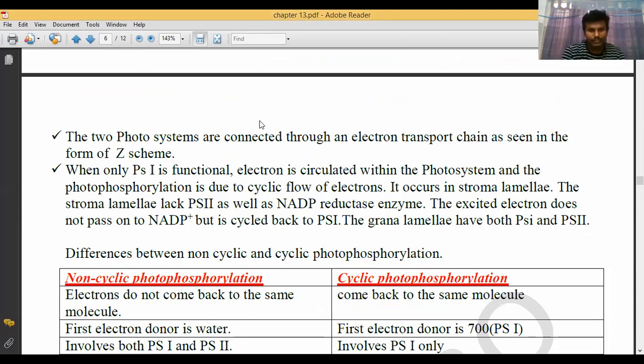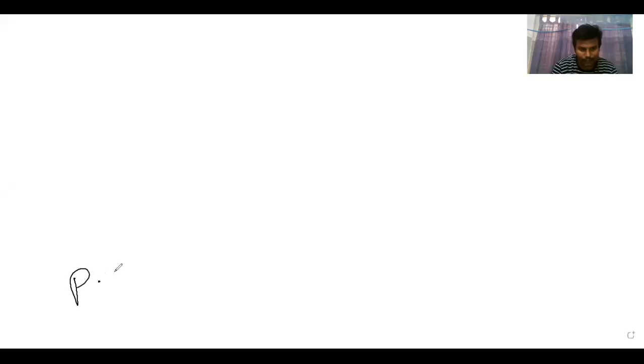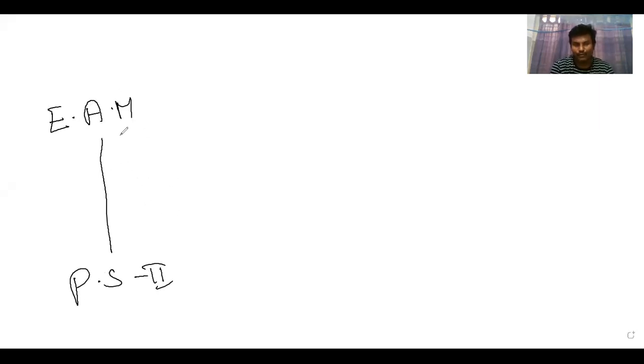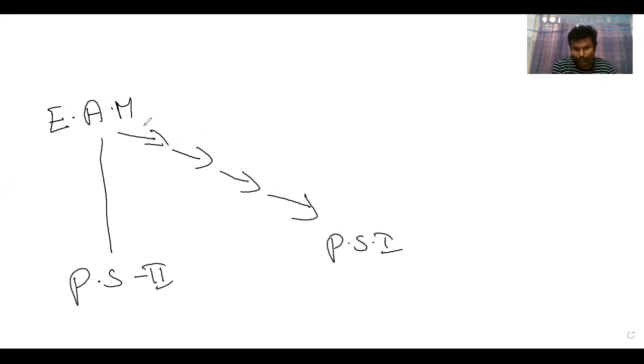The two photosystems are connected through an electron transport chain, as seen in the form of the Z scheme. From photosystem 2, the electron acceptor molecules are quinone, plastoquinone, cytochrome F, cytochrome B, and plastocyanin.